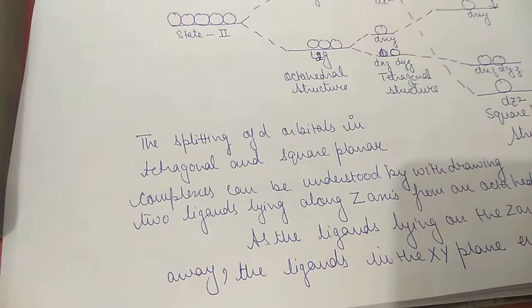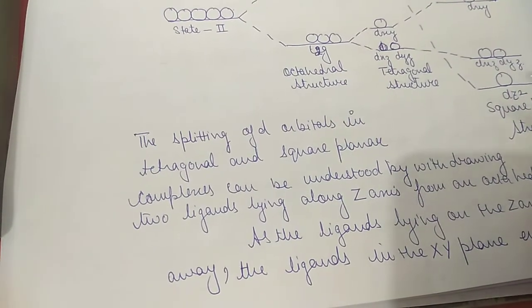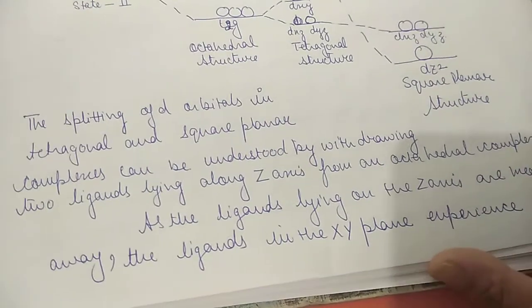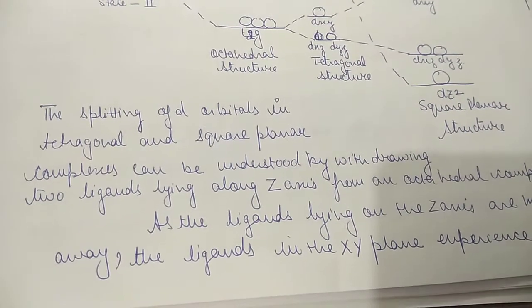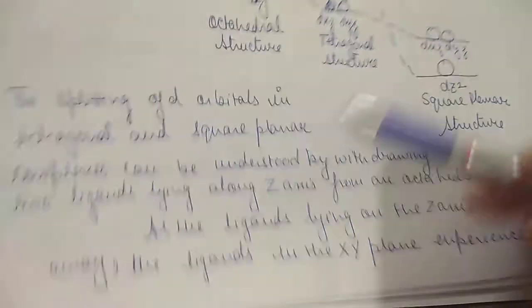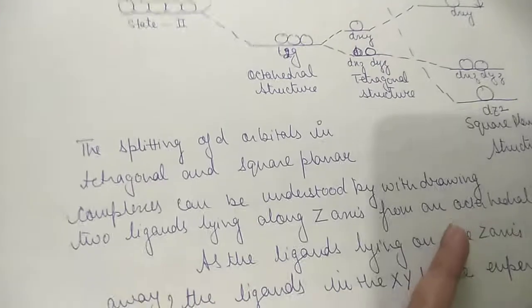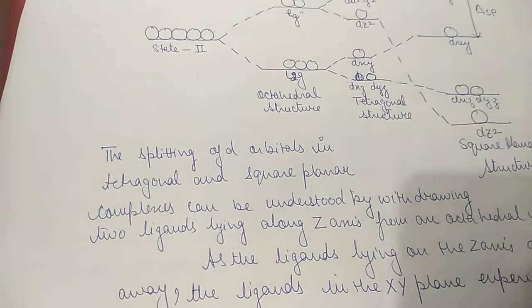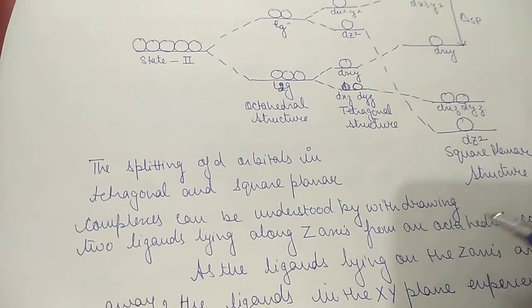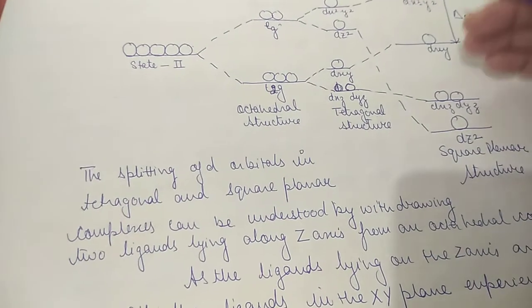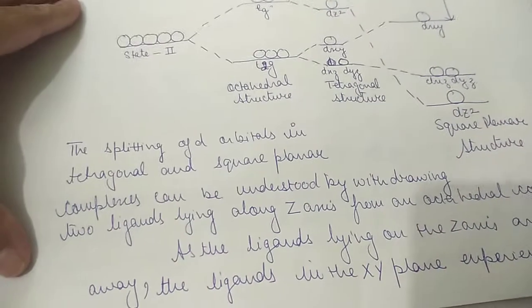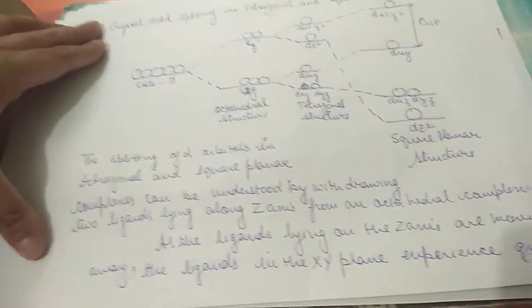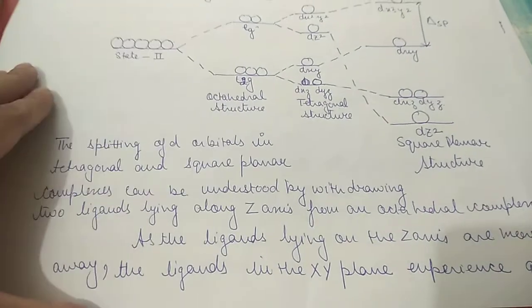Now, the splitting of d orbitals in tetragonal and square planar complexes can be understood by assuming that from an octahedral complex we move two ligands which are lying along the z axis away. I'll repeat: if we move two ligands lying along the z axis away from an octahedral complex, then what will happen?